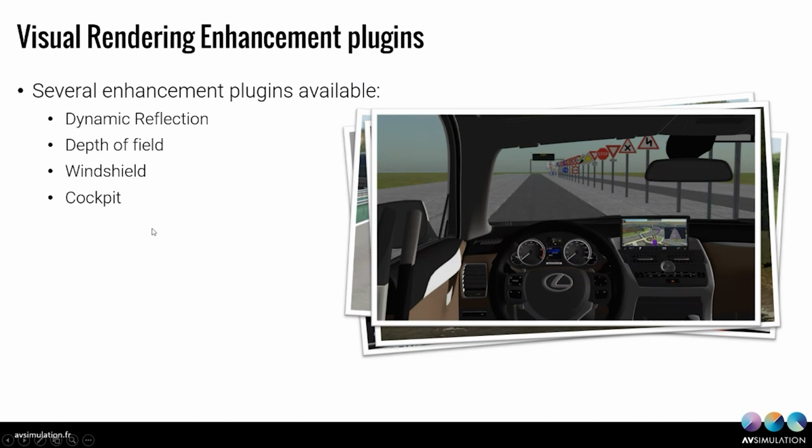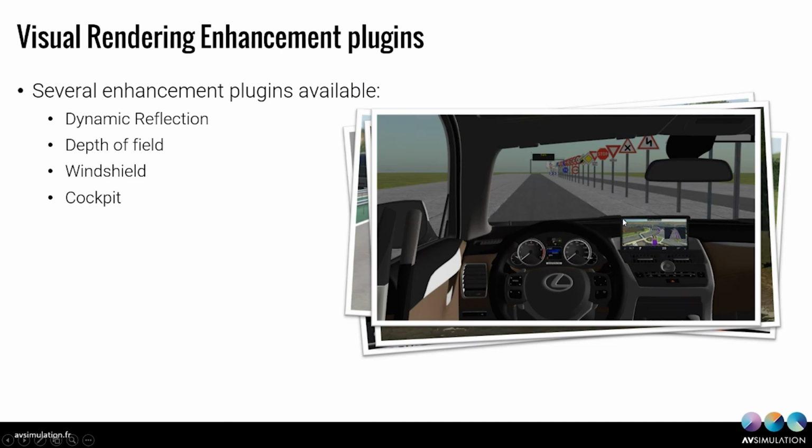Another thing that is really helpful is the possibility to configure a whole cockpit and embed it into the visual rendering. This cockpit has to be configured. It has to have a 3D model, and animations have to be configured.